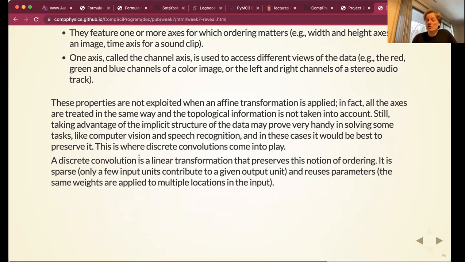A discrete convolution, which is a kind of filtering, is a linear transformation that preserves this notion of ordering. It is sparse: there are only a few input units which contribute to a given output unit, and it reuses parameters. The same weights are applied to multiple locations in the input. We will see these details as we move on.